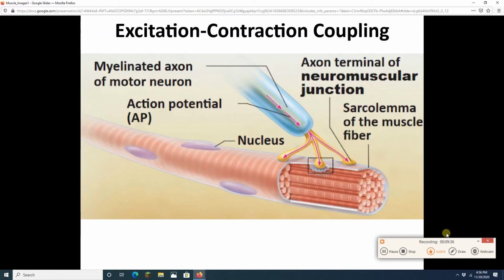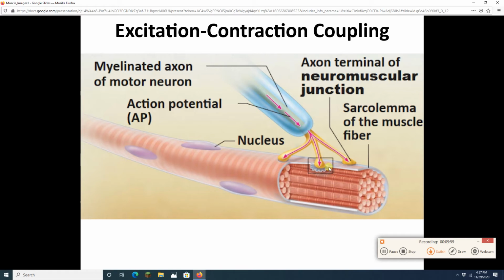What we've got to do now is figure out how we can stimulate a muscle fiber with a neuron and get it to contract. So here I have my muscle fiber, beautiful nuclei, nice striations, light I bands, dark A bands, over and over again. There's my myofibrils.